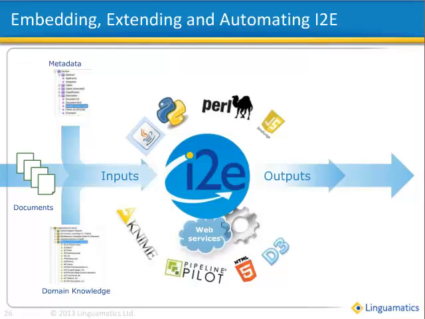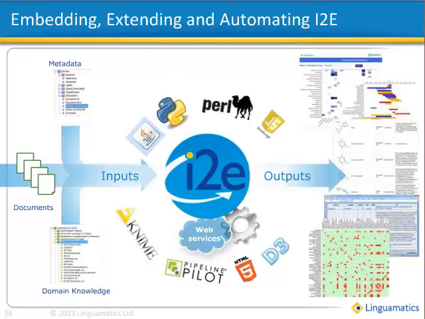And so you can integrate the text mining with workflow tools such as Pipeline Pilot or KNIME, and we provide a web services API so that you can also integrate with any other kinds of programs and then produce specialized applications or dashboards for different communities. There are some examples here of looking at phases of clinical trials, looking at some chemical structure properties, or looking at heat maps, for example.